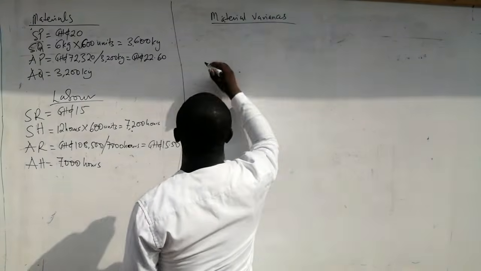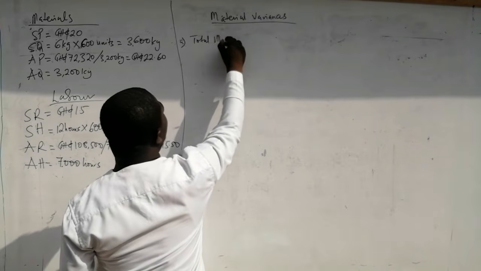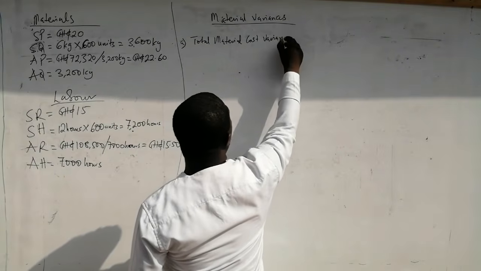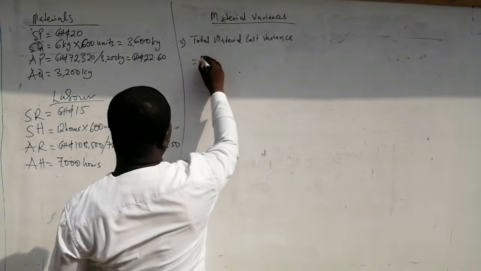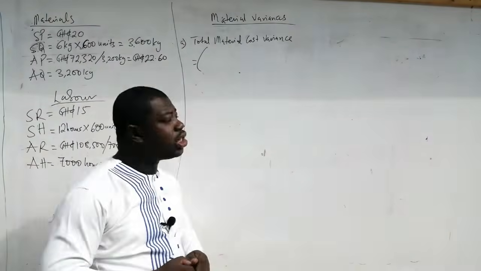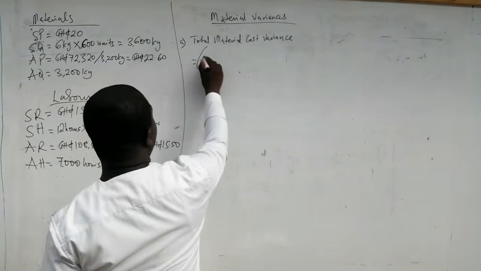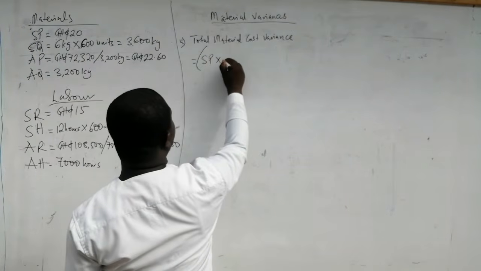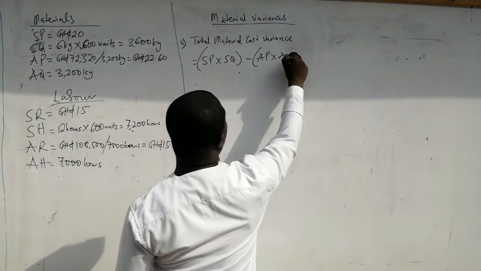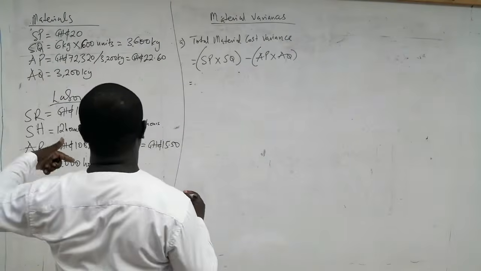We are asked to calculate the total material cost variance. And the formula permits me to use the shortcuts, but even though when you want to use these shortcuts in the exam, you have to define them. Okay, so it's our standard price times our standard quantity minus the actual price times the actual quantity. And so your job is to put in what you have in the formulas.